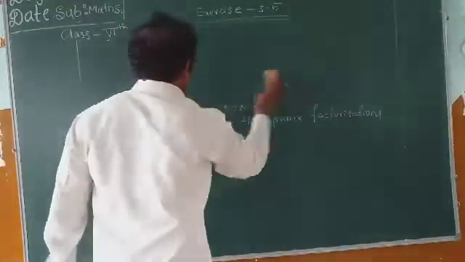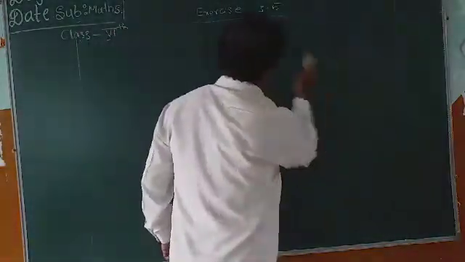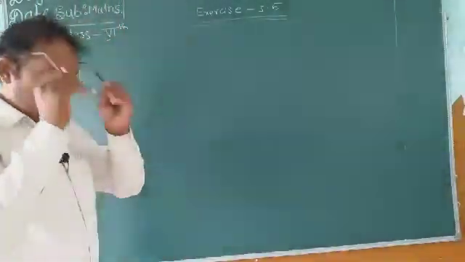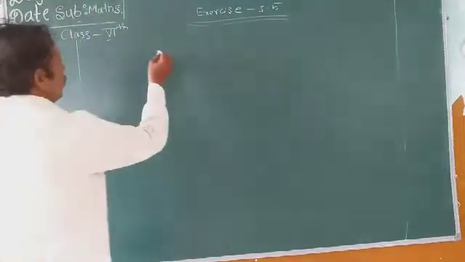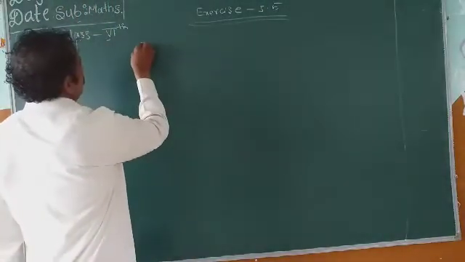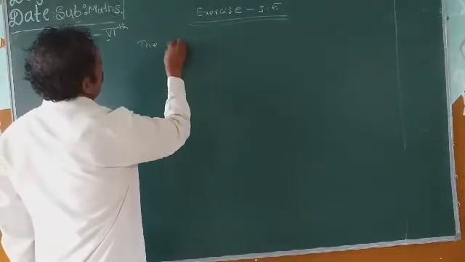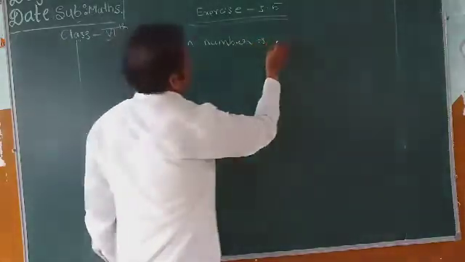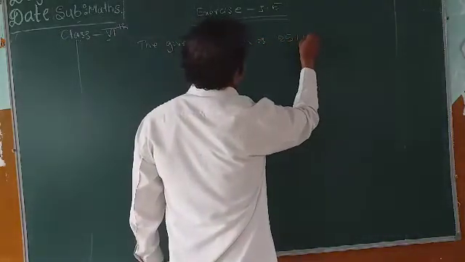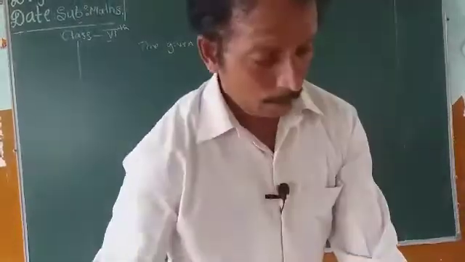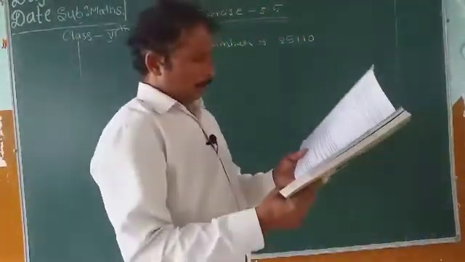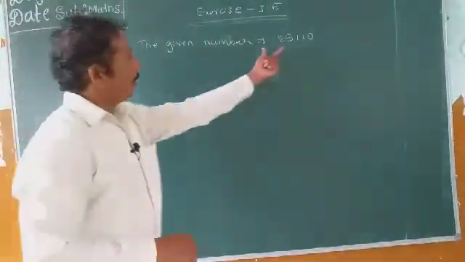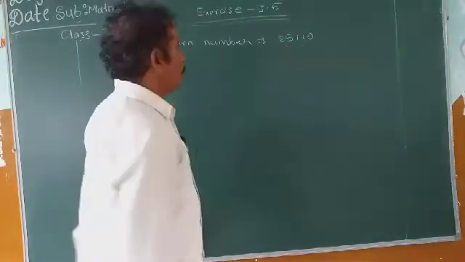We need to find whether the given number 25,110 is divisible by 45 or not.